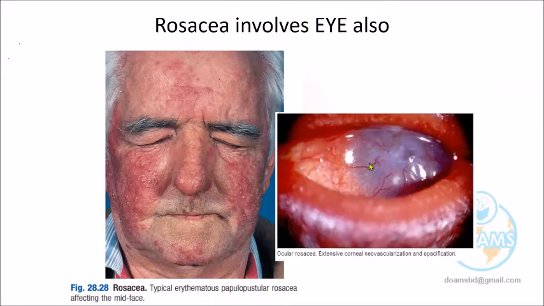But in this skin lesion in the face, there are eye lesions also. Okay. Neovascularization. It is called ocular rosacea. So if you find in the face, the patient having the eye lesions also, similarly, easily you can reach the diagnosis of rosacea.